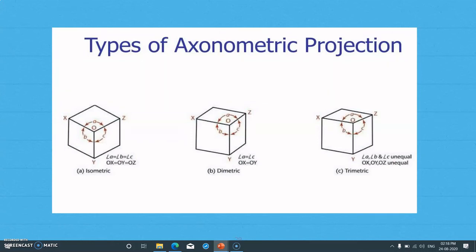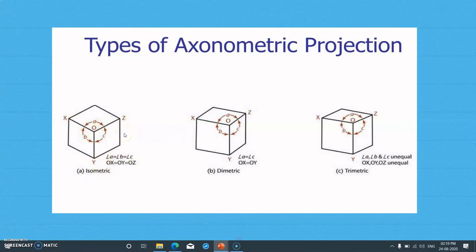Before coming into that, in axonometric projection, parallelism of the lines is preserved. The distances can be measured along each axis and the angles are not preserved. Foreshortening is uniform rather than related to the distance from the center of projection. The first form of axonometric projection is isometric projection, where all the three angles are equal.